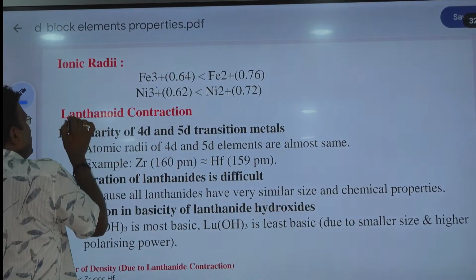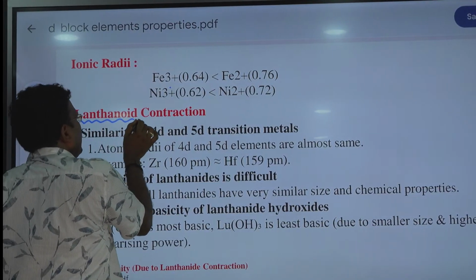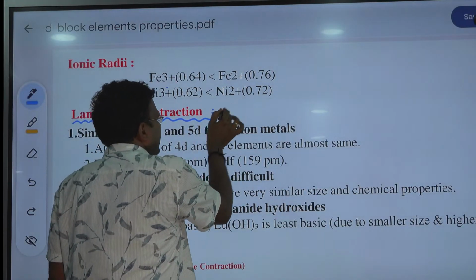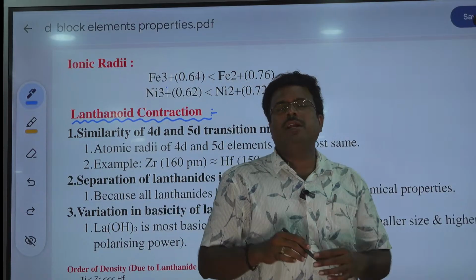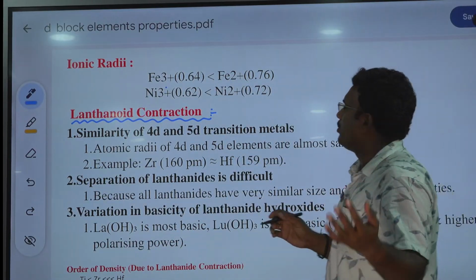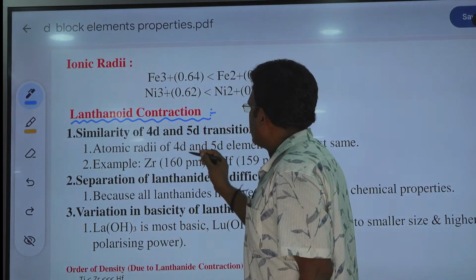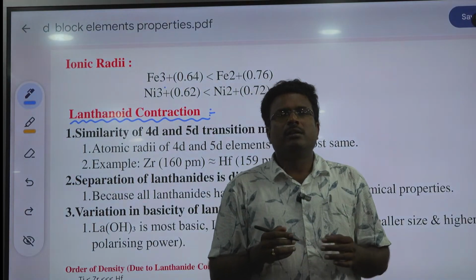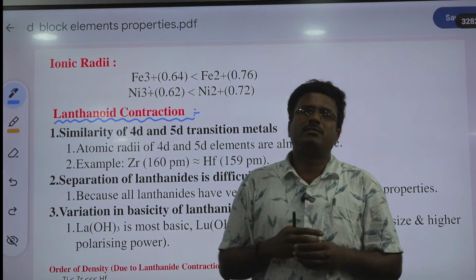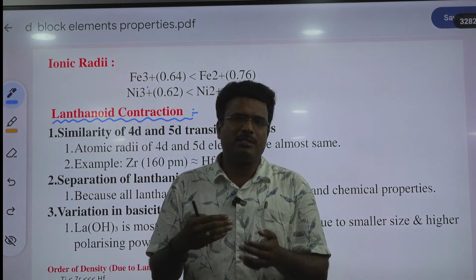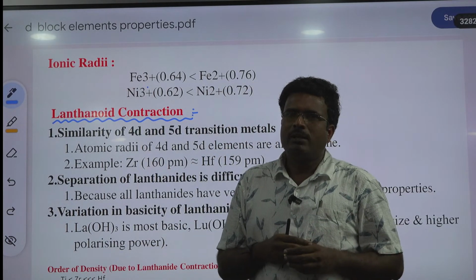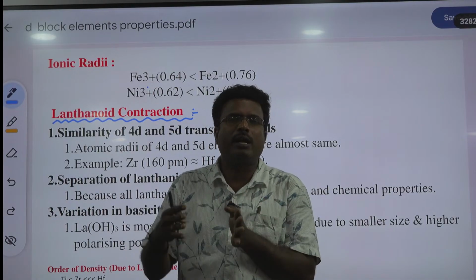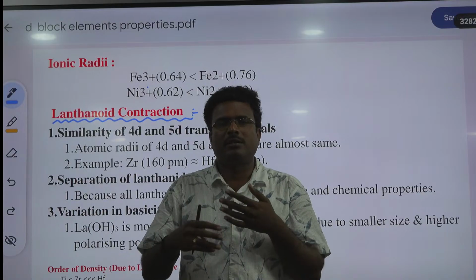Another very important thing in the d block elements is the lanthanide contraction. In the lanthanides, the 4f series starting from cerium, going from left to right the atomic number increases.